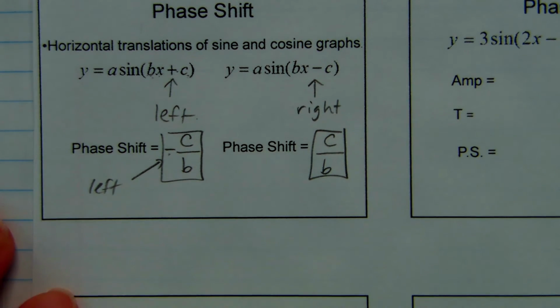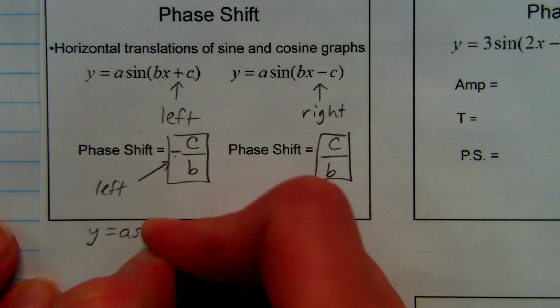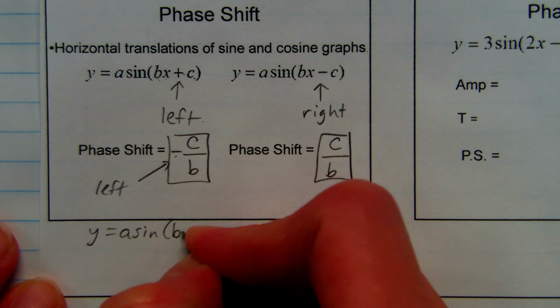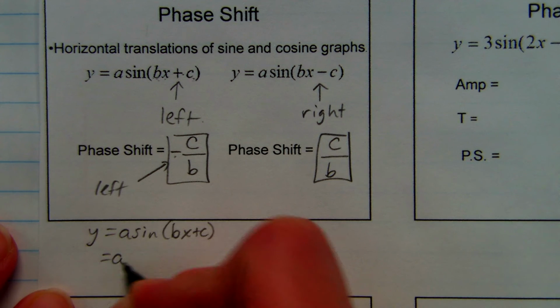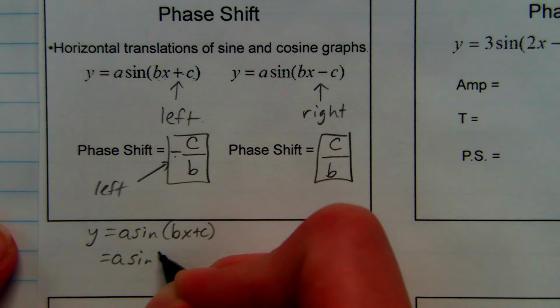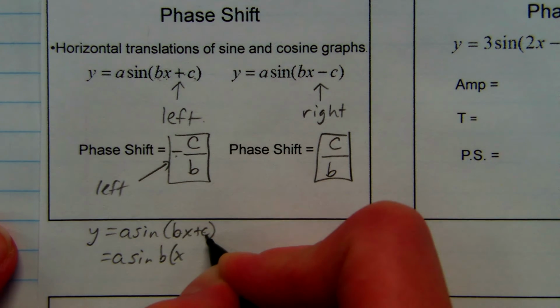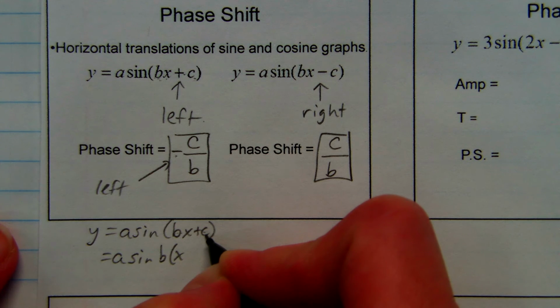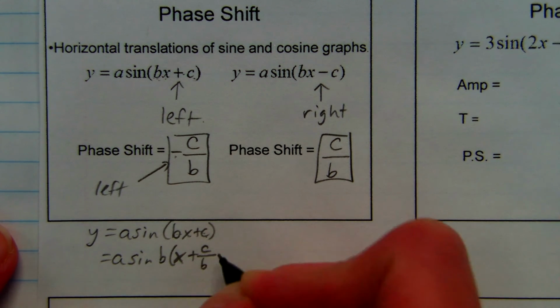I'm going to do a little work down below the box. If I have y equals a sine of bx plus c, essentially what we're going to do is move b out of the parentheses. We're going to factor it out of both terms. But without knowing what c is, you don't know if it's divisible or not. And so you would basically take c and divide it by b.